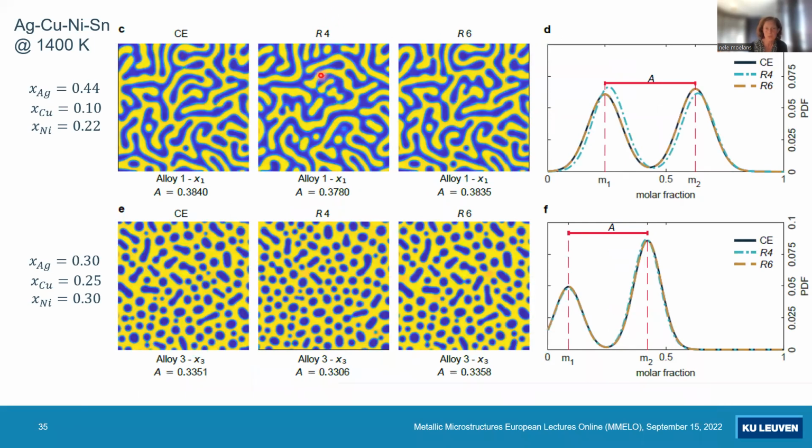So it matters actually, these small deviations between the Gibbs energy and the approximations. If we go to rank 6, you have already a quite good resemblance with the one that you would get with the full expressions. Certainly, if you look at the microstructure in a statistical way, so if you look at how many points have which composition, then you see that rank 6 gives an almost exact match with the full expressions.